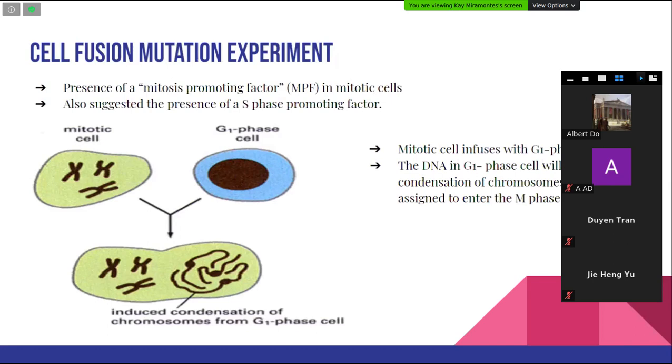In an induced cell, the DNA in the G1 phase cell will start condensing and make chromatin. This condensation of the chromatin is then assigned to enter the M phase, also known as the mitotic phase. This suggests that the mitotic cell contains some sort of soluble factor that is responsible for driving the G1 phase cell into M phase, because it is being used in the condensation of chromosomes in the G1 phase.